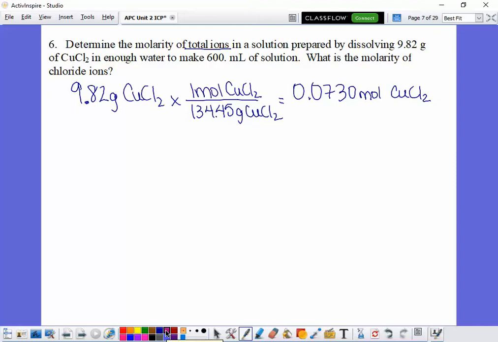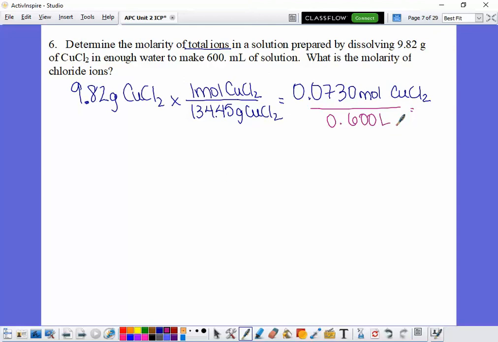Okay, now what? I find you do moles over liters. So how many liters do we have? 0.600 liters. And what's that? Calculate it.